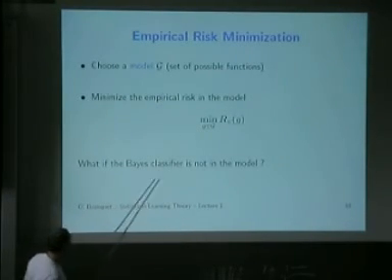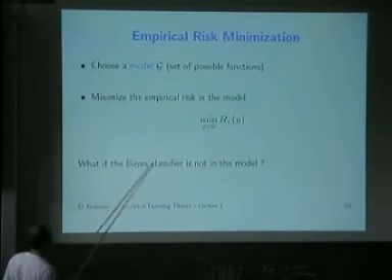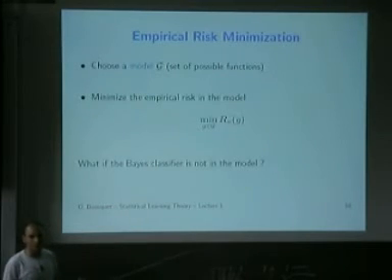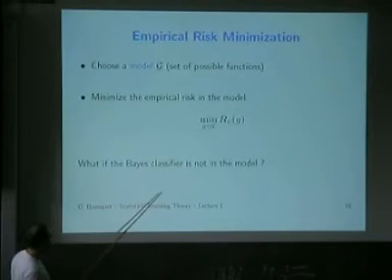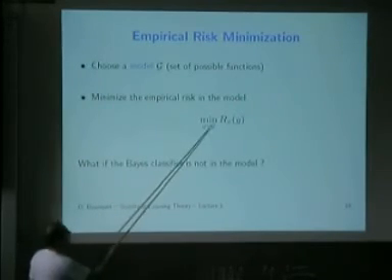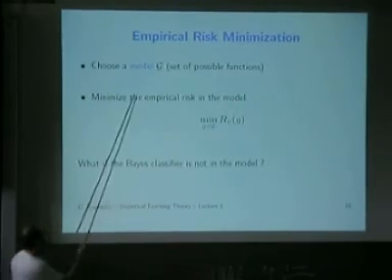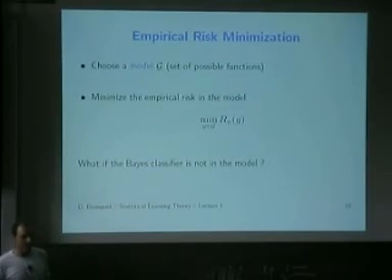And here I have a notion that I have not introduced, the Bayes classifier. Essentially, it's the target function, so it's the best classification function that you can hope for. Of course, you may have a problem if this target is not in your model G, but it may not be such a problem.